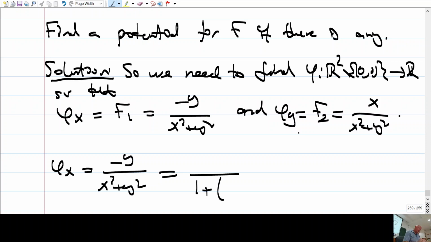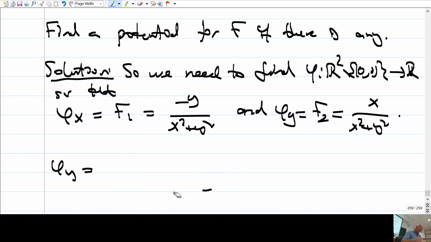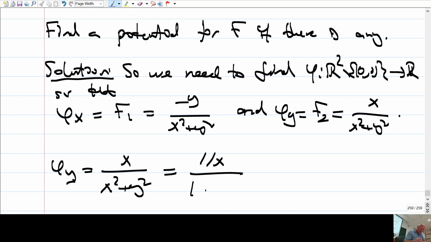Yani her iki türlü de olur da daha kestirme yapmak için bunu yapıyorum. Çünkü cevabı bildiğim için. X'i dışarıya alalım. X kareyi. 1 bölü x, 1 artı y bölü x'in karesi. Okay.